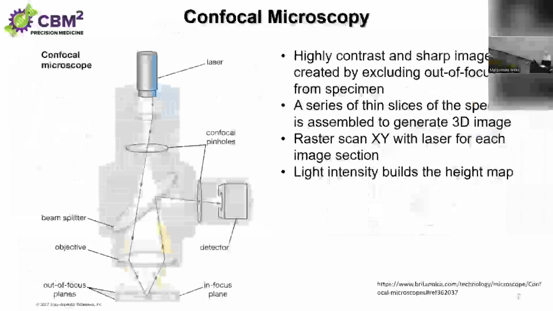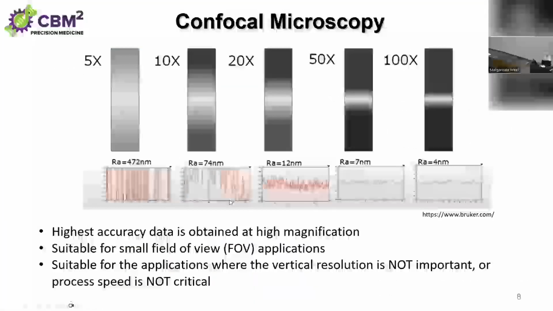And it's not so different here. There's XY, where you scan that laser beam over the surface. That'll determine the lateral resolution, the XY plane. The Z direction is determined by the amount of scattered light that you measure onto this particular detector.